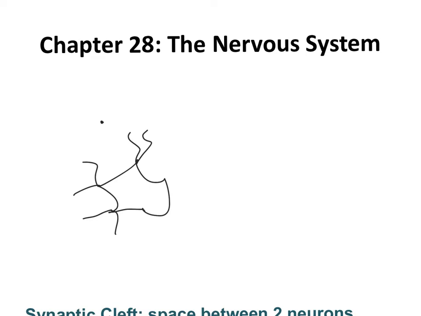So that molecule is going to end up binding to the dendrite. Upon binding to the dendrite, the action potential gets sent down the axon. The action potential, to remind you, is not a molecule moving through the neuron, but rather it is a movement of ions.